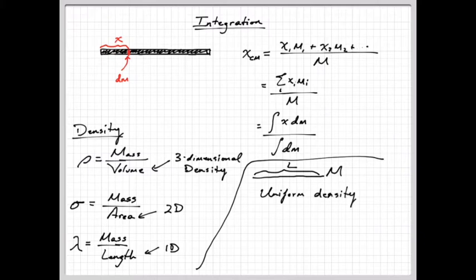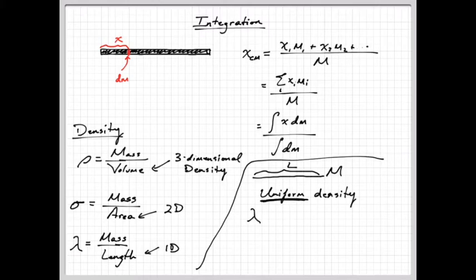Now what a uniform density means is that no matter how much mass you look at, that much mass and the amount of length that comes with it will always be the same overall density, no matter how much mass or how much length you pull.